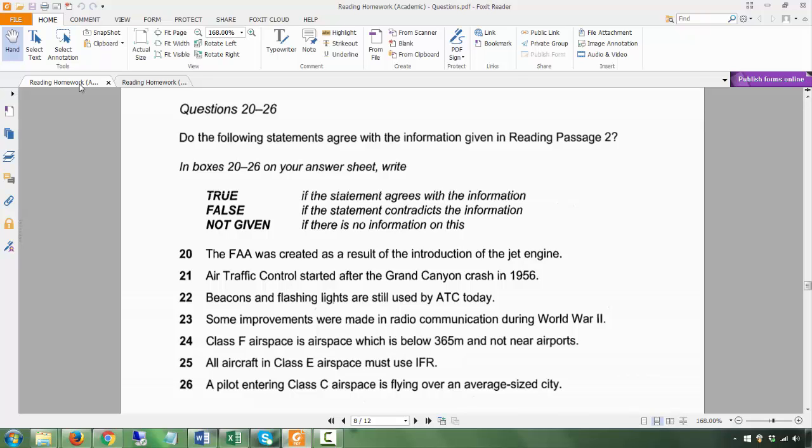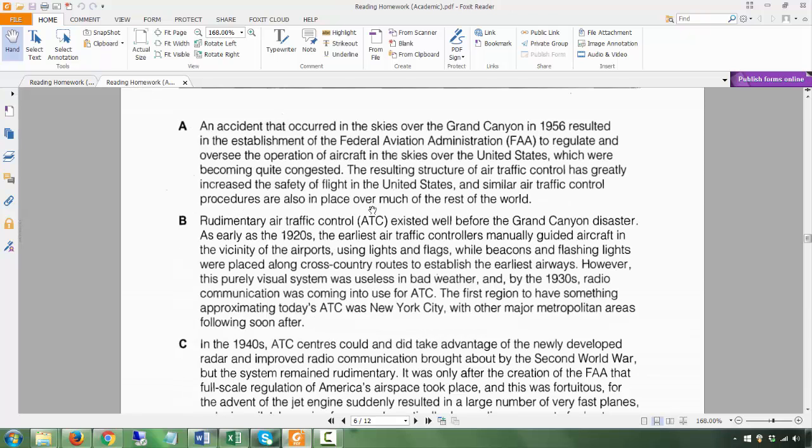Next, beacons and flashing lights are still used by ATC today. So what does it say about beacons and flashing lights? ATC existed well before this disaster. As early as the 1920s, the earliest air traffic controllers manually guided aircraft in the vicinity of airports using lights and flags, while beacons and flashing lights were placed along cross-country routes to establish the earliest airways.